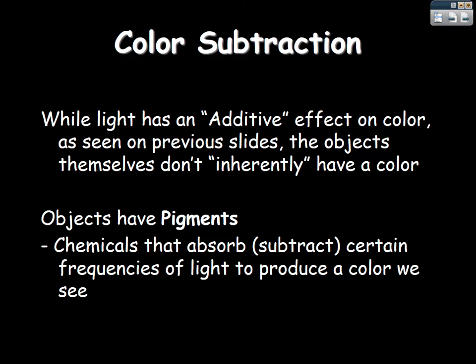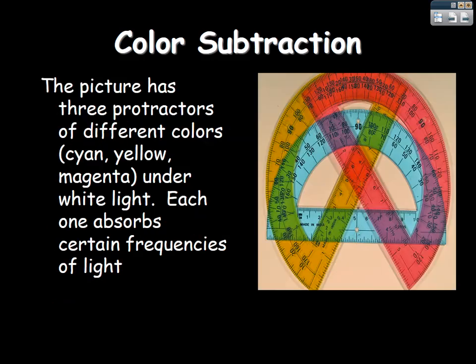Pigments are any chemical that absorbs certain frequencies of color. The chemicals themselves are pulling in colors that we don't see. They absorb the colors and frequencies of light and reflect, letting back out anything that's not being pulled in.